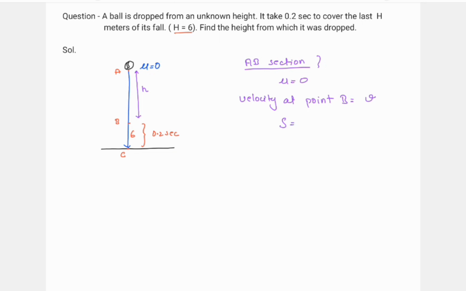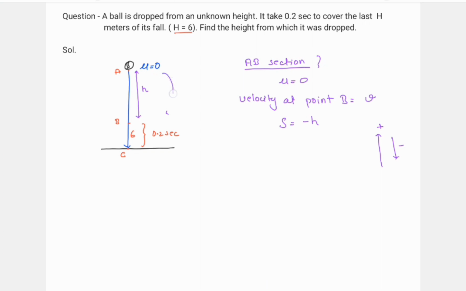What is the displacement between A and B? The displacement I'm going to take as minus h, because it is traveling from A to B, and as I told, I'm going to take upward as positive and downward as negative.